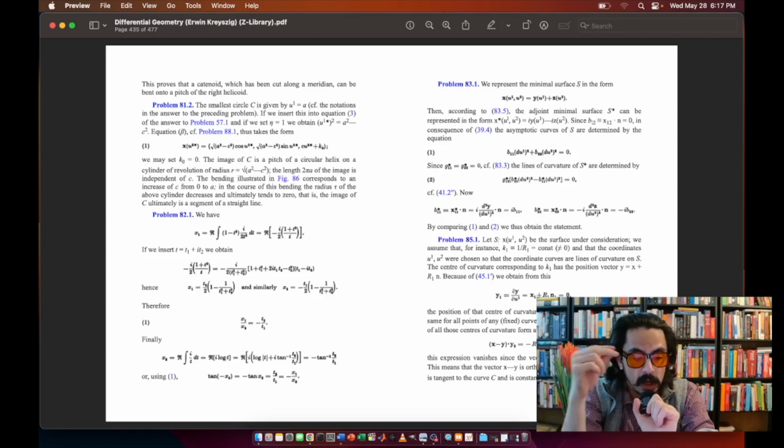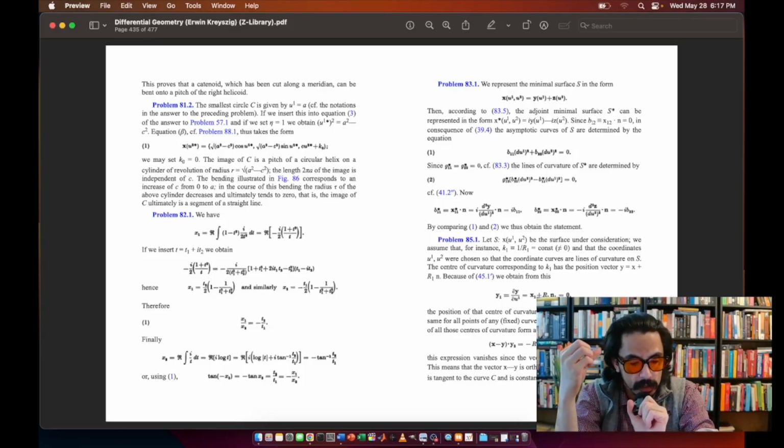So the image of the smallest circle, capital C, is a pitch of a circular helix on a cylinder of revolution of radius lowercase r equals this square root of a squared minus c squared. And the length 2 pi times a of the image is independent, obviously, of c.